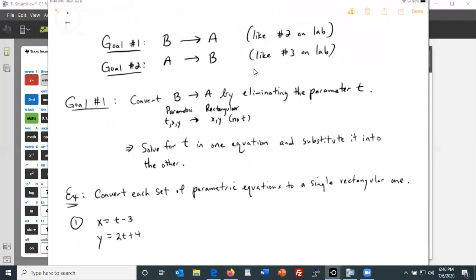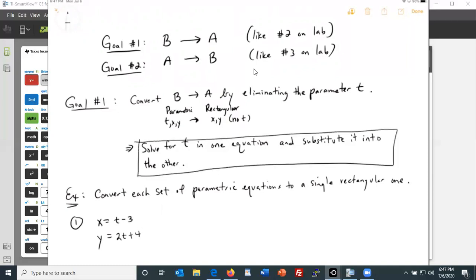All right, so from the previous example there, we have x equals t minus 3 and y equals 2t plus 4 as our set of parametric equations. So following this guideline here, to eliminate the parameter, we're going to solve for t in one equation. So let's take the first equation and solve for t.